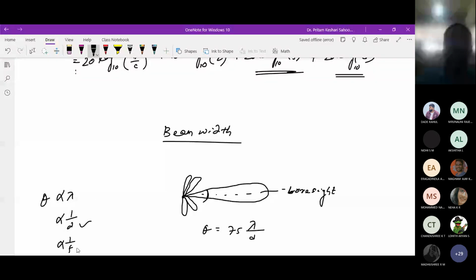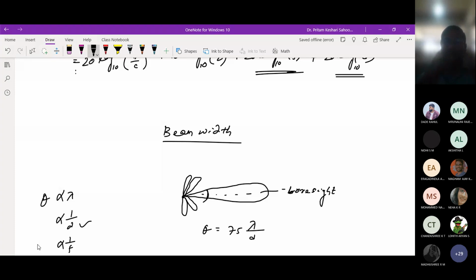So if the antenna wants to transmit in a particular direction, we have to consider a larger antenna with large diameter and higher frequency.